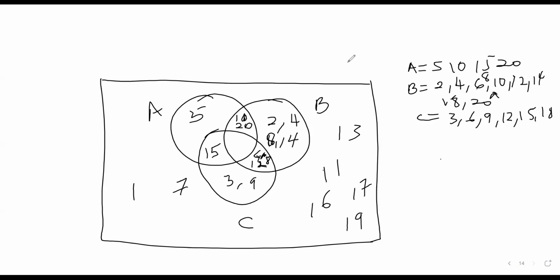So those are the ones you keep in the universal set. Okay. Which we are labeling as section 7.